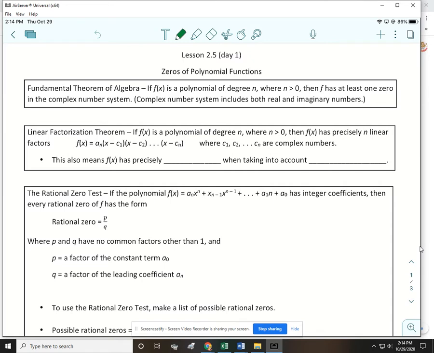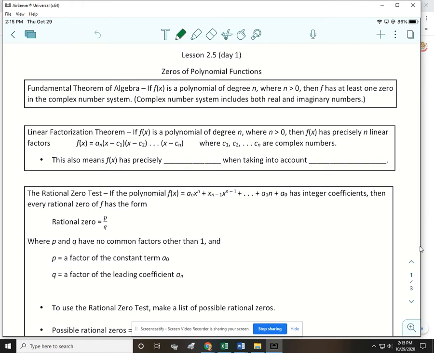And then the linear factorization theorem takes that one step further, where it says that f of x has precisely n linear factors. So the number of linear factors matches up exactly with the degree. And if we're talking about zeros, a linear factor will always give you one zero.